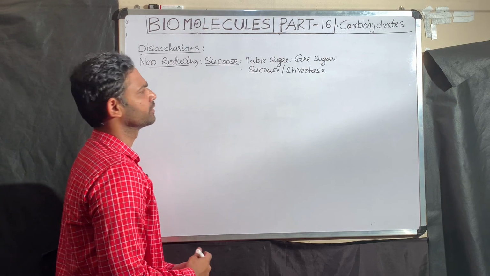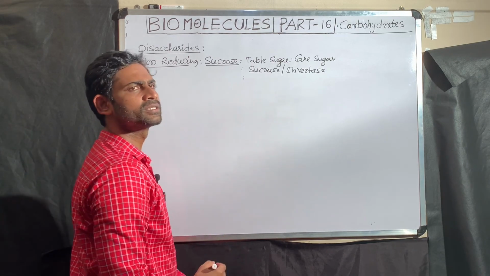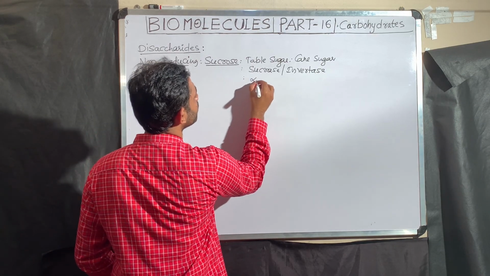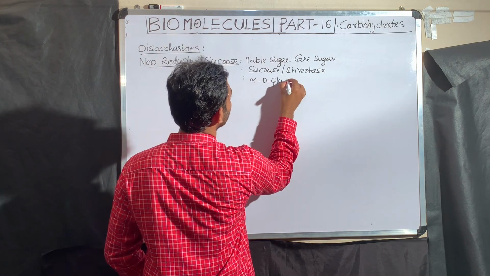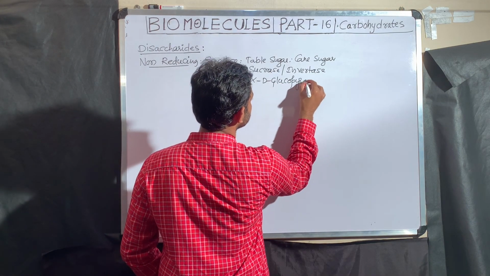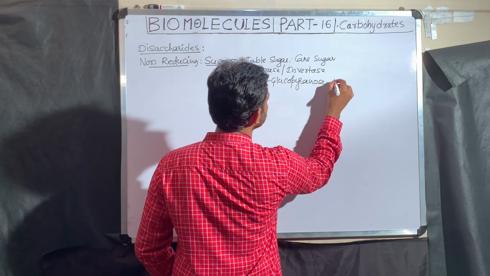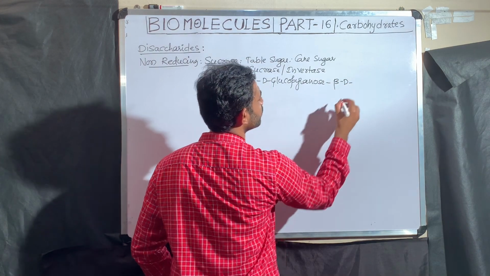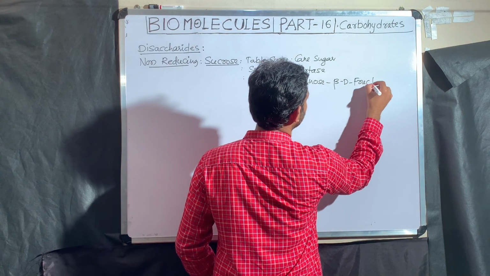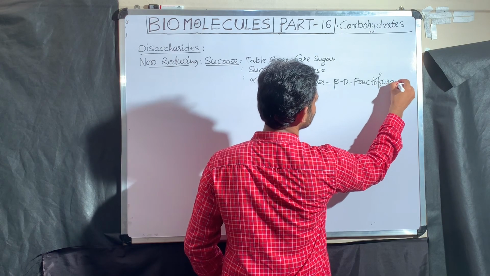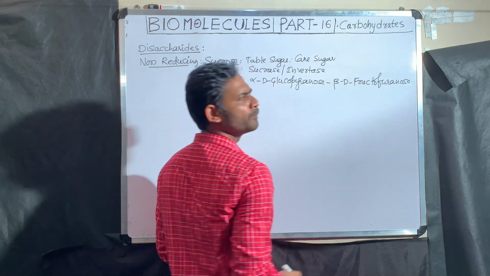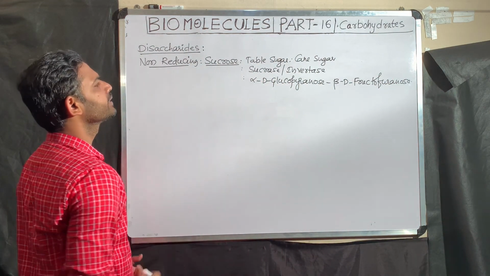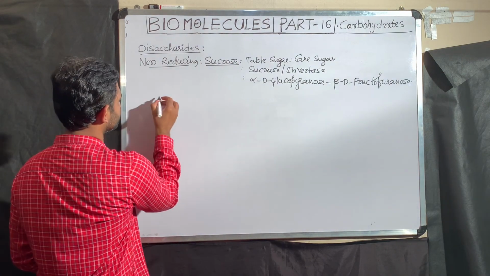Coming to the structure. What does sucrose consist of? Sucrose consists of alpha D glucopyranose linked with beta D fructofuranose. Here in sucrose, the very important thing is the bond. Now first take the alpha D glucopyranose.